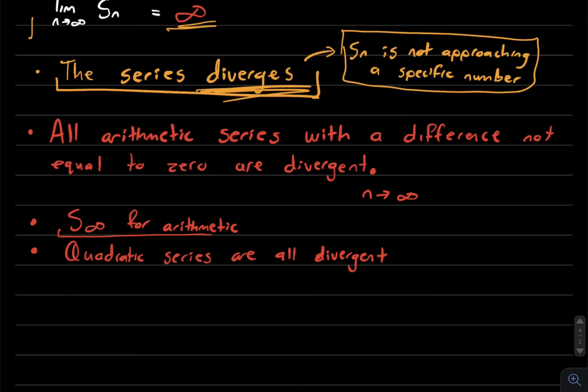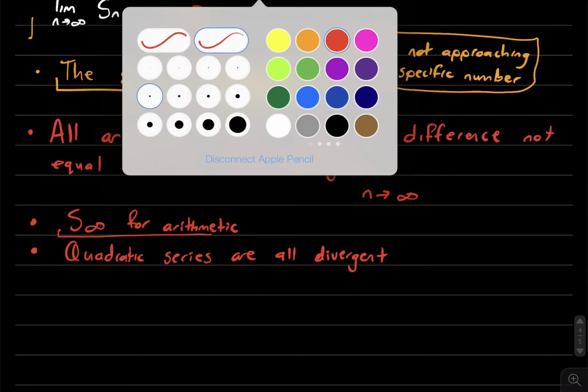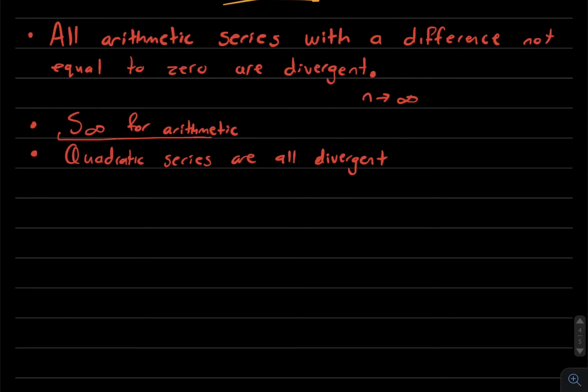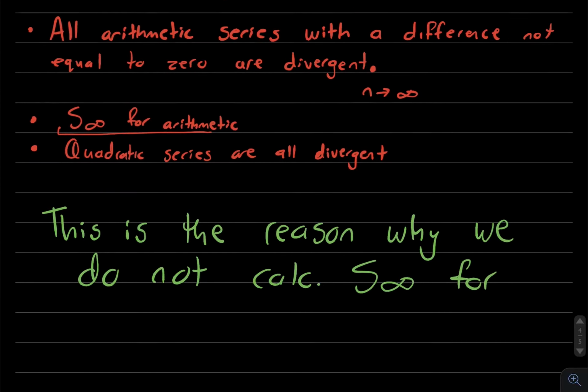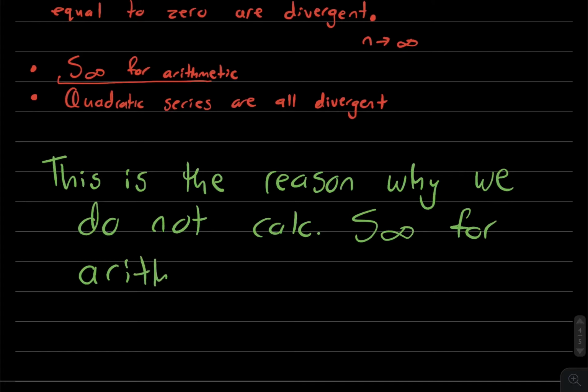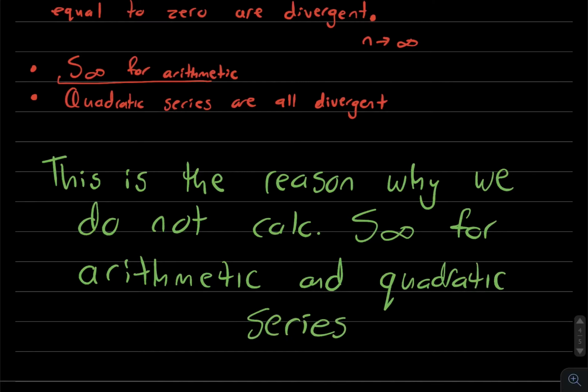So the reason why we've gone through this entire explanation is just to solidify that this is the reason why we do not calculate the sum to infinity for arithmetic and quadratic series.